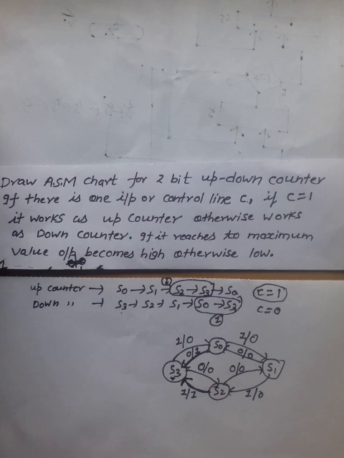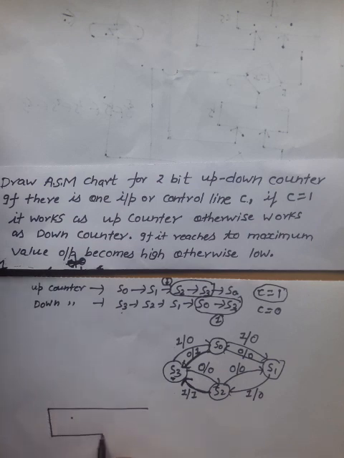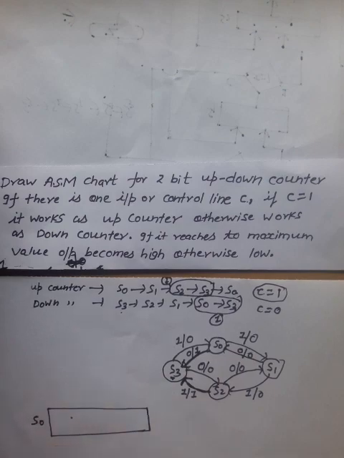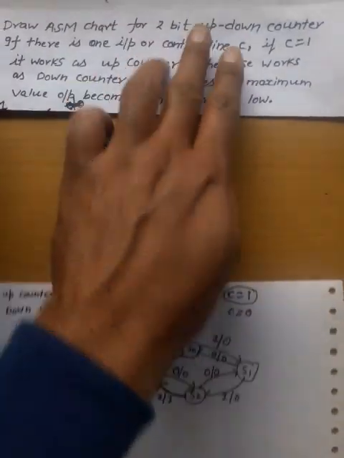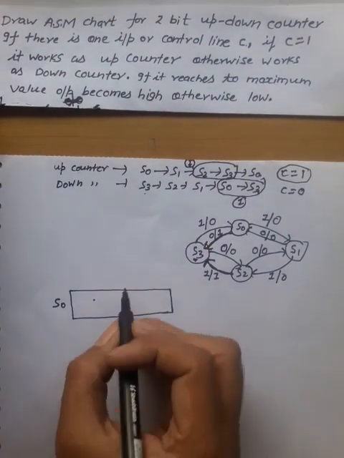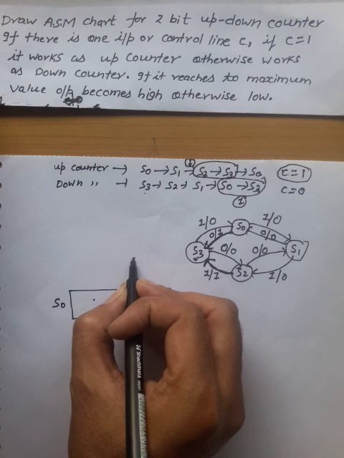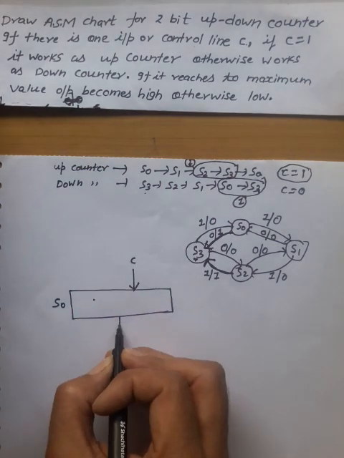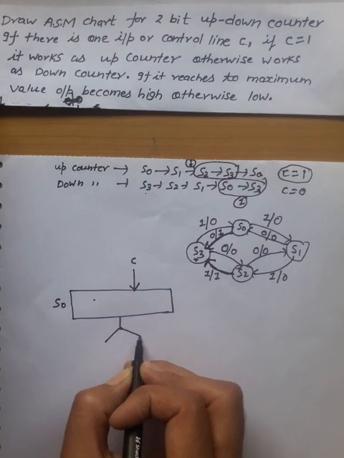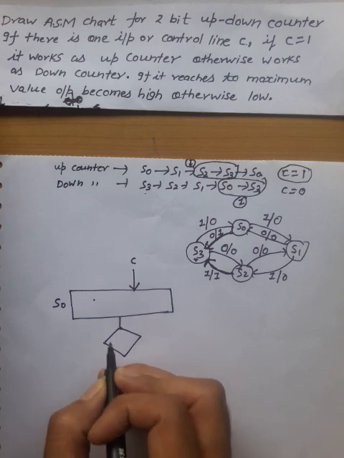Now I will draw the ASM chart. This is, suppose, state S0. Instead of X, I am taking here C. Now we will check the condition: what is the value of C?